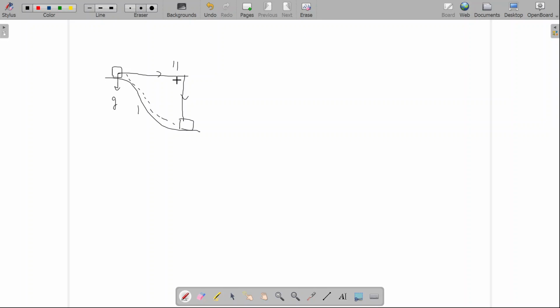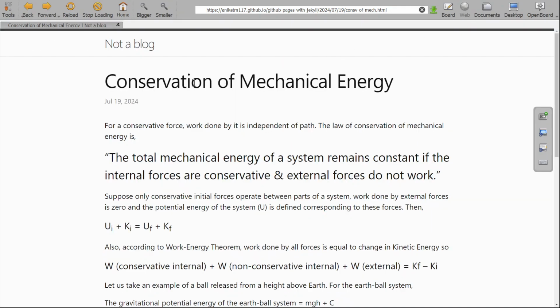So in path number two and path number one, the work done by gravity is same. Such forces, when the work done by the force is independent of the path taken, are conservative forces.